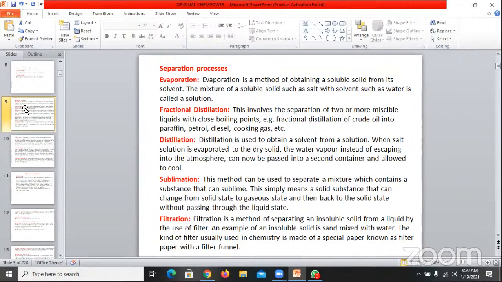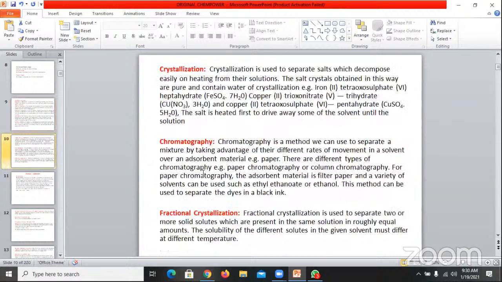There's sublimation, when one of the components of the mixture can sublime. Filtration, for an insoluble solid from a liquid. Crystallization, for separating salts that are sensitive to heating. Chromatography, when you're separating colored substances like dyes. Then fractional crystallization, when you're separating two solids in roughly equal amounts.